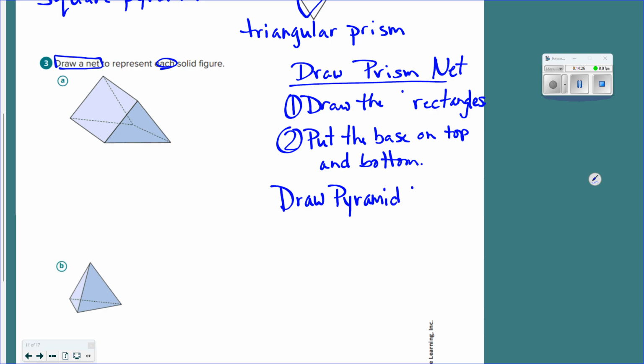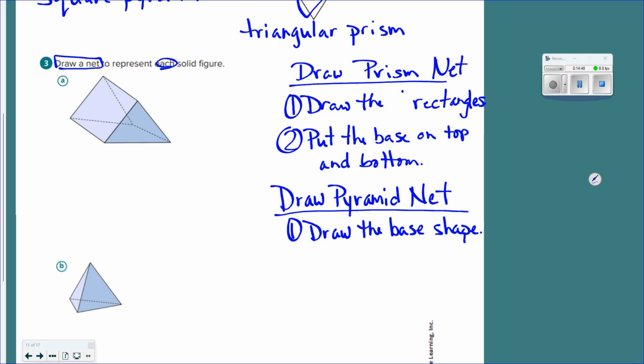Yes, let's copy this down. If we write it on the board, you should be writing it in your notes right after. So this one, we actually reverse it. For a pyramid net, I'm going to draw the base shape. And then I'm going to draw a triangle off of each side.